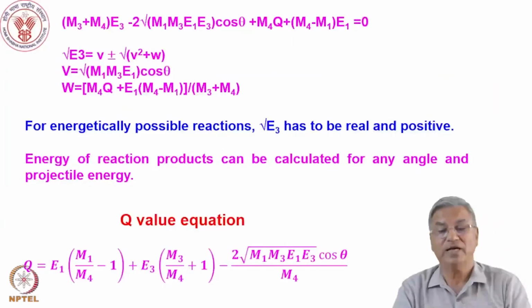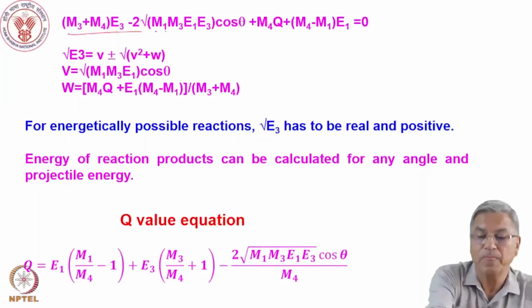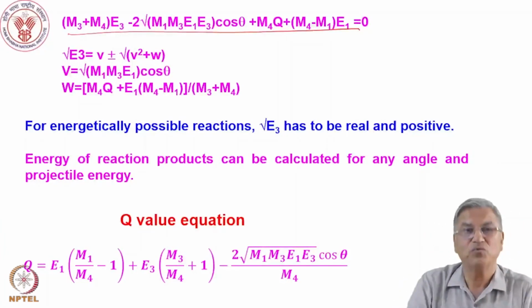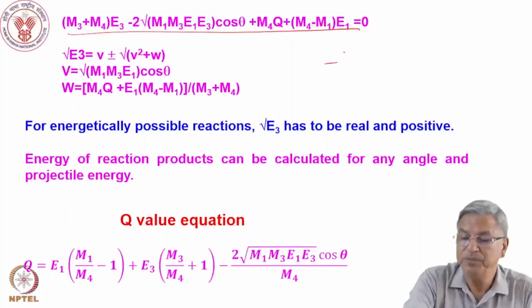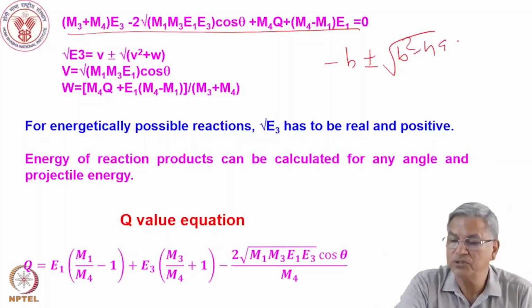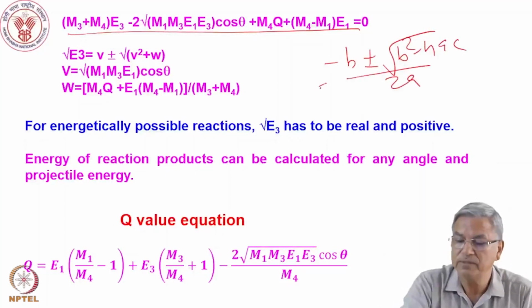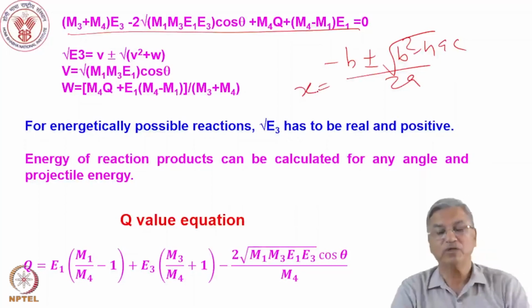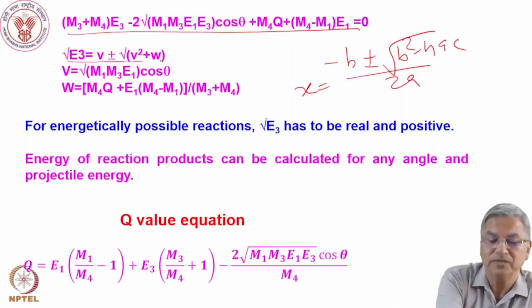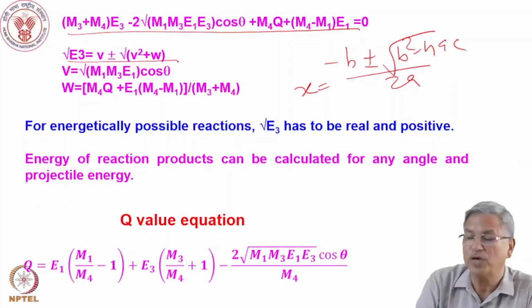So that is what I have tried to explain here. The equation which is quadratic in root e3. So what you write, minus b plus minus root of b squared minus 4ac upon 2a, that is the root of that quadratic equation. But here I am slightly deviating from that: you write v plus minus root of v squared plus w.